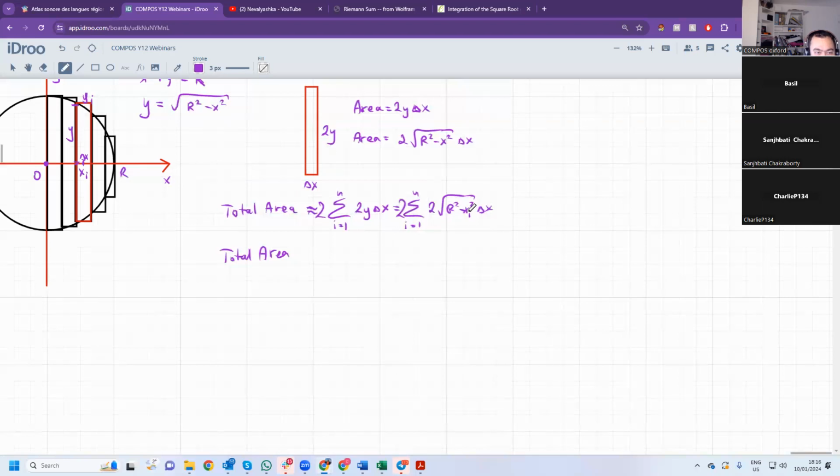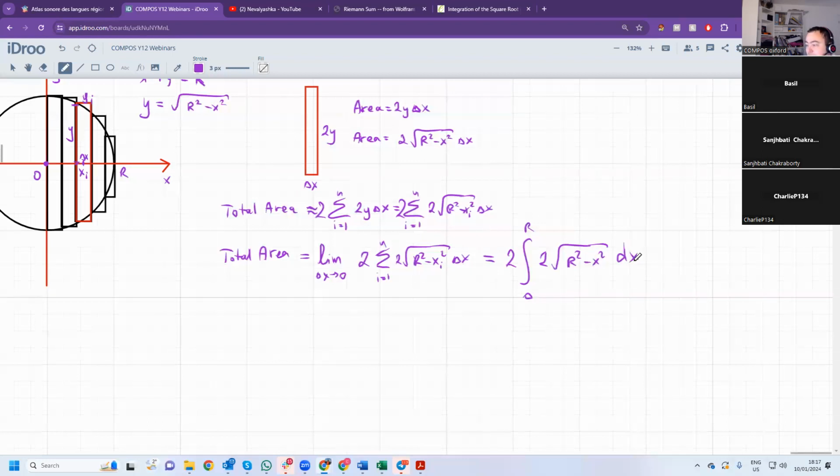So the total area is the limit as delta x tends to 0 of 2 times the sum, i equals 1 to n, of 2 square root of r squared minus xi squared delta x, which becomes 2 times the integral from 0 to r of 2 square root of r squared minus x squared dx.